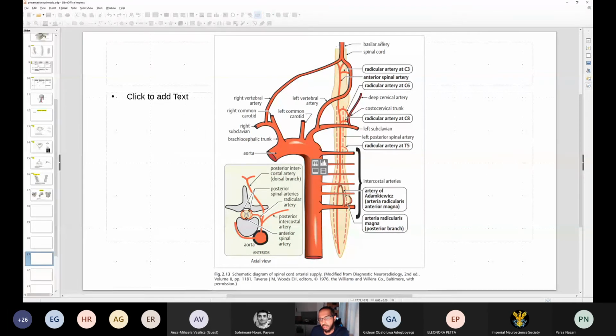Each vertebral artery produces a branch, and the branches from the two sides meet in the middle and form the anterior spinal artery, which runs longitudinally in front of the spinal cord.